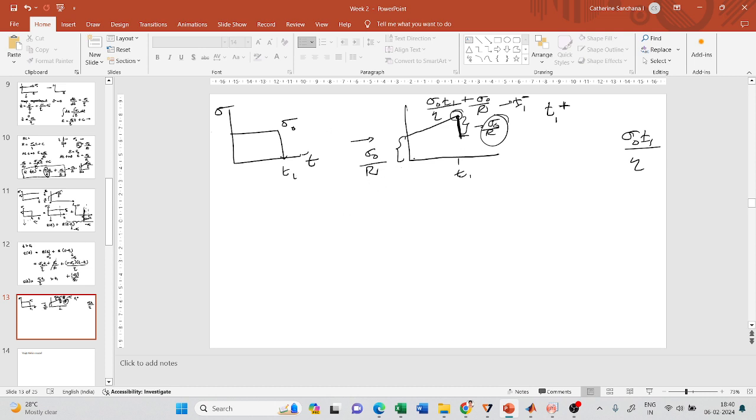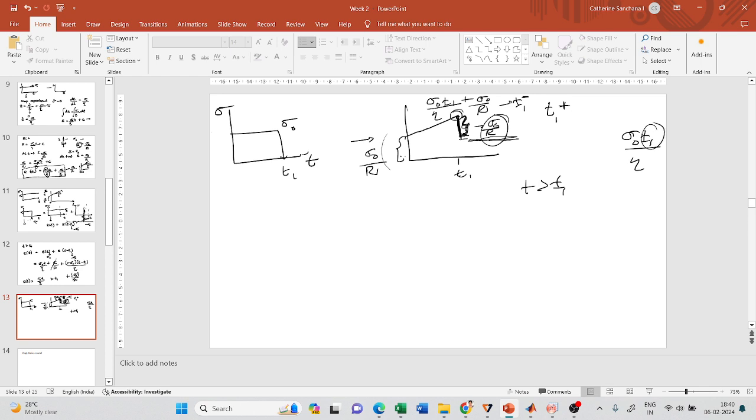When you apply stress to the material, there will be an instantaneous deformation because of the spring, and this instantaneous deformation will be immediately recovered. Since it is a spring, it will be recovered immediately, and this is what is observed here. And after time t greater than t1, the strain in the material is not a function of time.